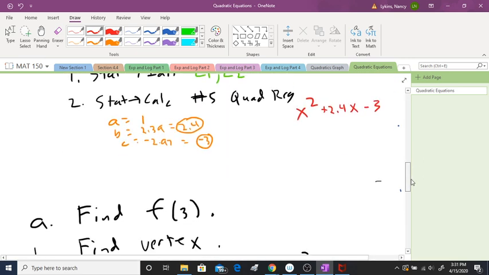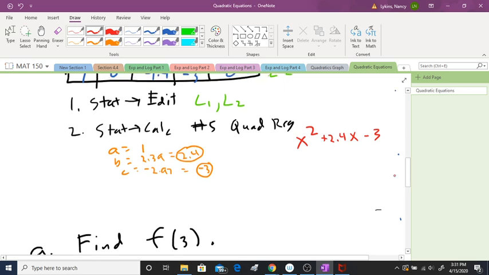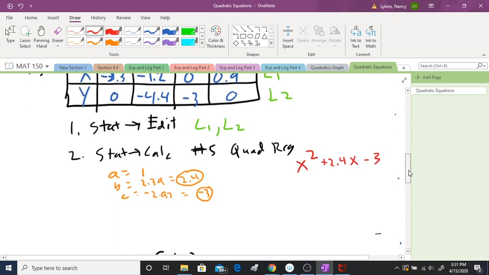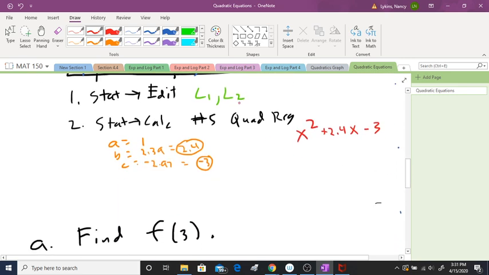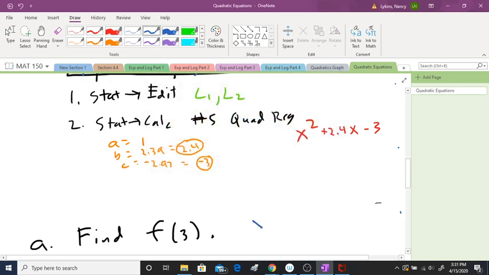So what happens if I ask you to first find what f of 3 is from this table? Well, you have to plug this into our original equation. My parentheses are where my x value is.